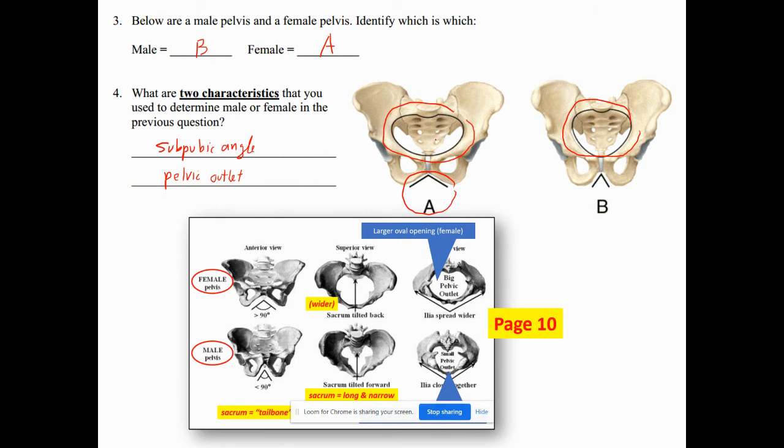Basically, that's because, in theory, the female body has to be capable of giving birth to a baby, and the uterus is above the pelvis, and then the baby has to go through the opening in the pelvis. So it has to be a wider opening, and that subpubic angle has to be a little bit larger. Okay, moving on.